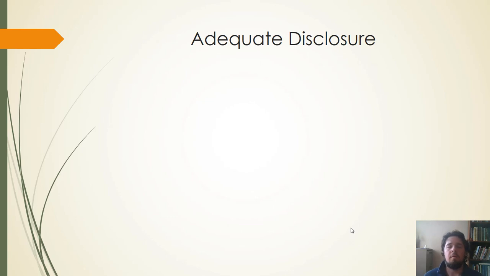Okay, so remember, a big part of informed consent is that the patient is informed. So what information does the patient need to know? This is a hard question to answer because treatments and procedures can be quite complex, and there's a depth to them, and a lot of it requires technical knowledge. So how much does the patient need to know in order for that consent to be deemed informed?